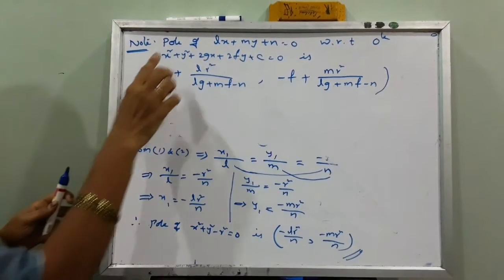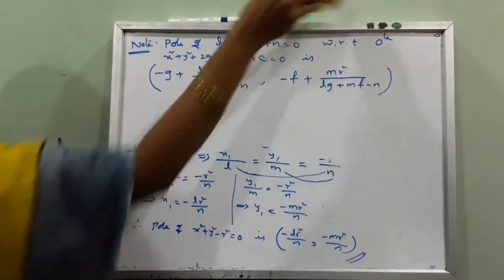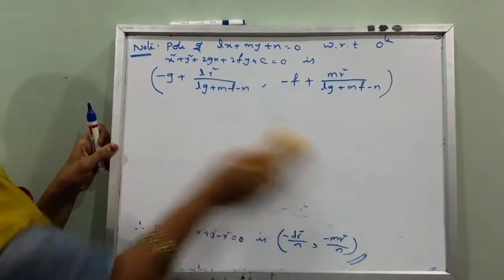This is the pole for the general form of a circle.